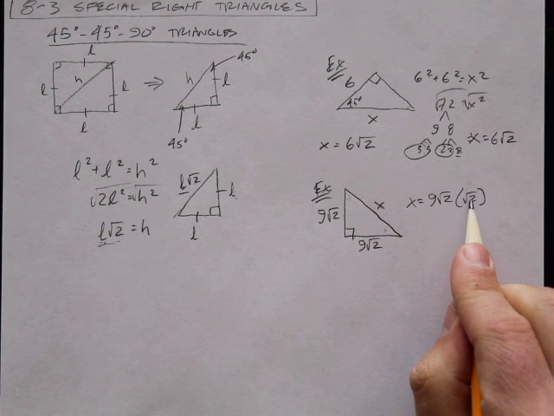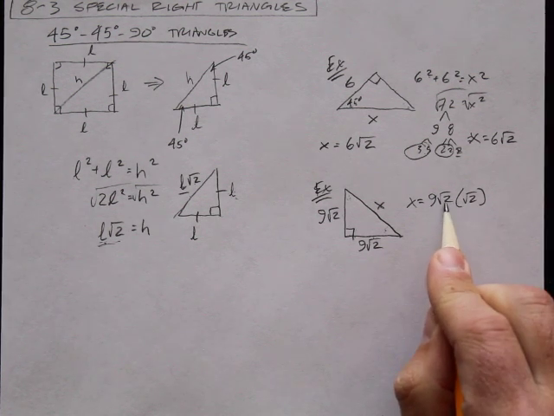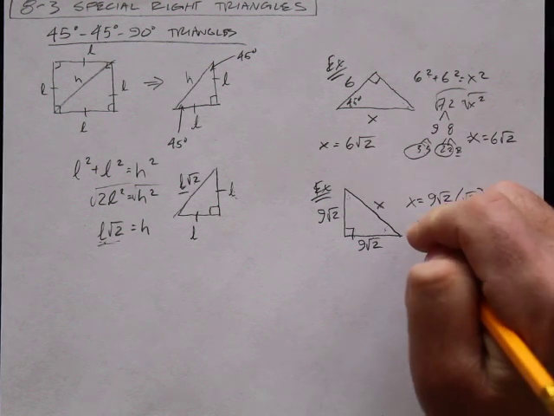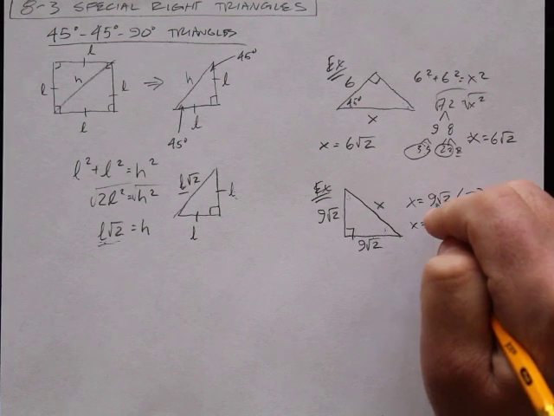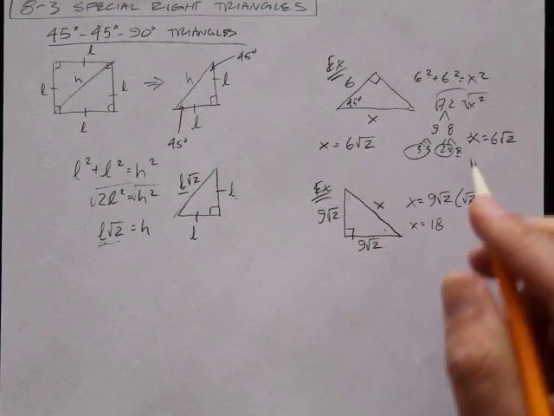And so I can say square root of 2 times the square root of 2 is the square root of 4. The square root of 4 is 2. So that means x equals 9 times 2, which is 18.